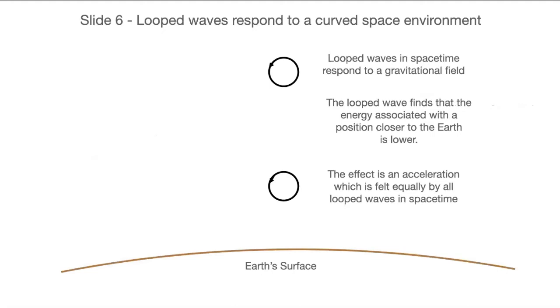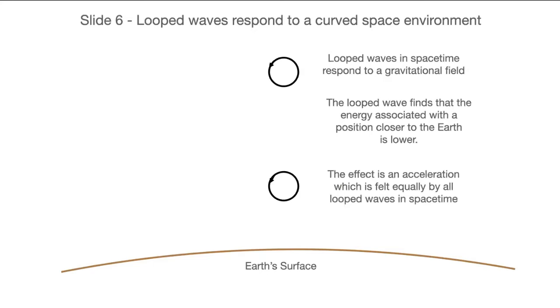And then when you look at these looped waves in space-time relative to a gravitational field, so I've shown the Earth's surface here, which implies a gravitational field, you can think of these looped waves in space-time as a kind of gravitational field detector.